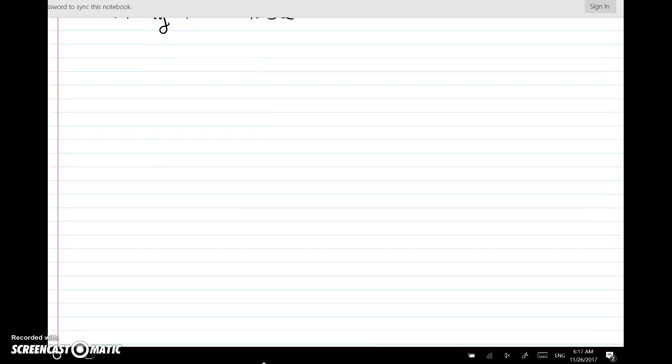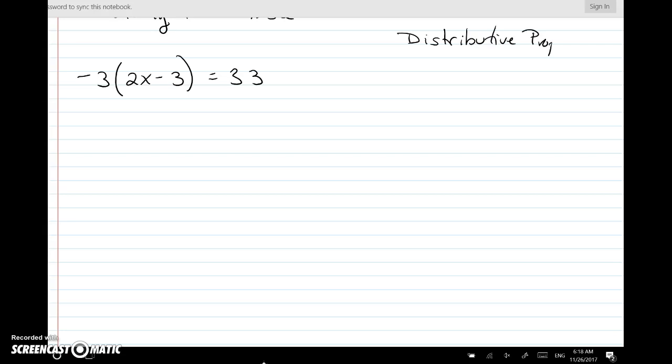Let's look at negative 3 times 2x minus 3 equals 33. The first thing we're always going to do is look for the distributive property. That's always going to be number one on our list.